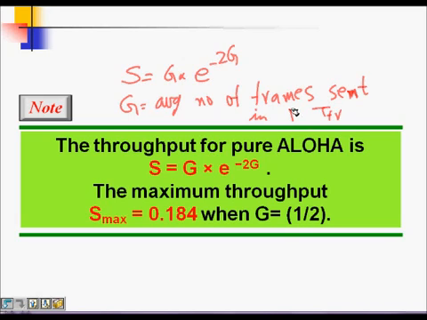So in one frame time, the average number of frames you send. The maximum throughput is just 18.4%, and that happens when the average transmission rate G is equal to half a frame per frame time, okay.